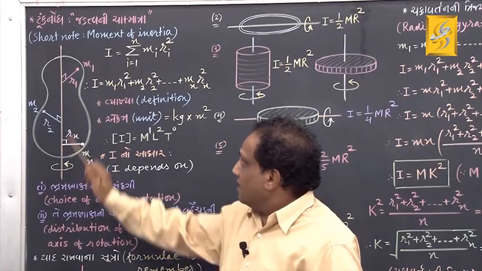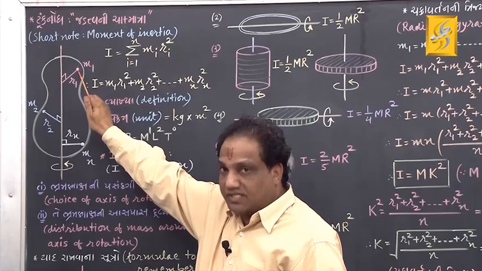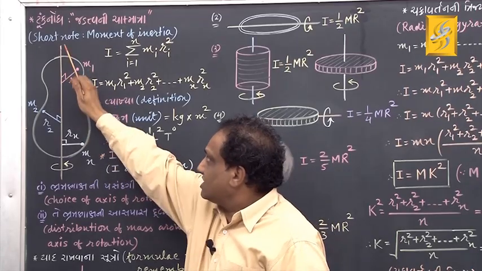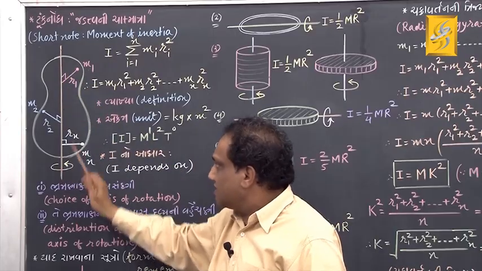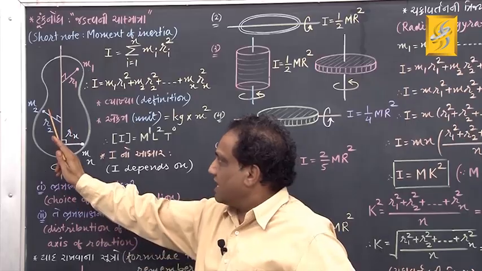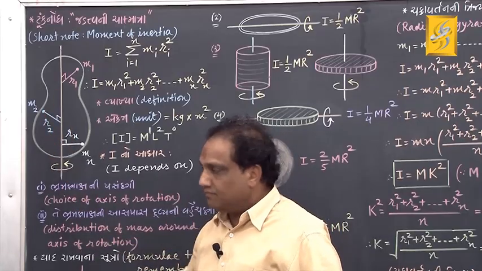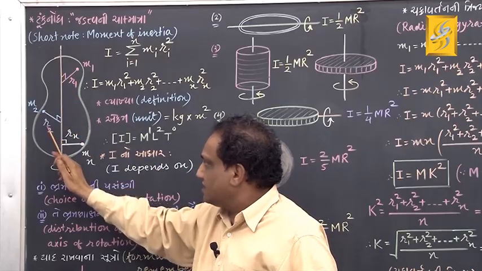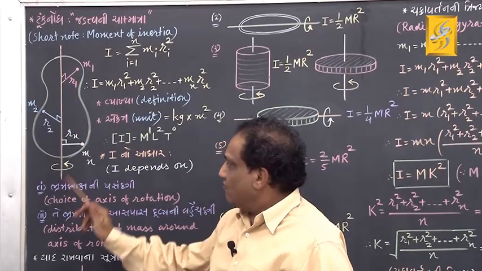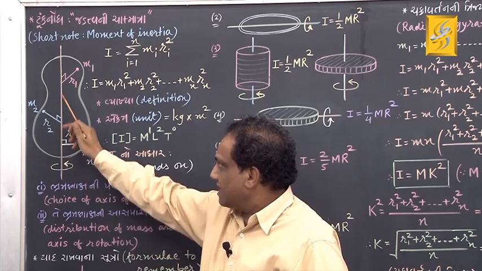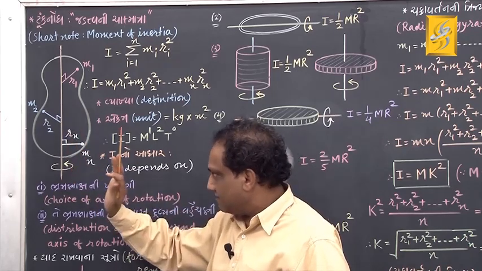Its first particle is this, suppose its mass is m1 and its perpendicular distance from this stationary axis of rotation is r1. For the second particle, mass is m2 and perpendicular distance is r2. For the last particle, mass is mn and perpendicular distance from this axis is rn.